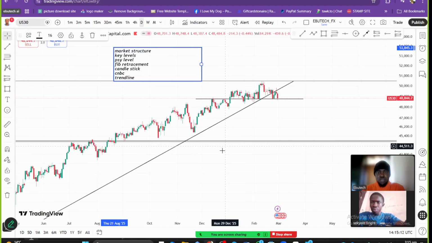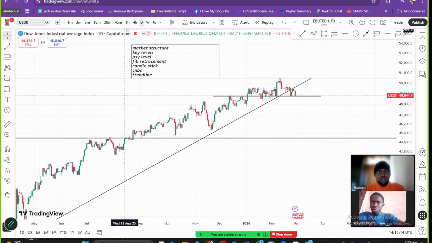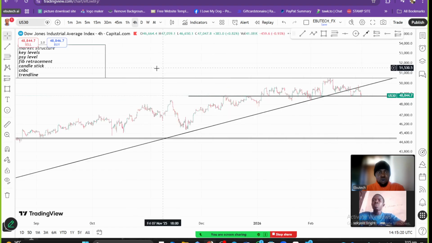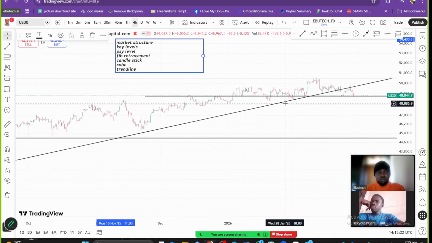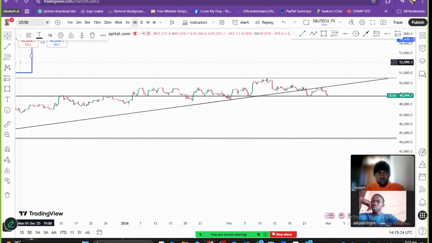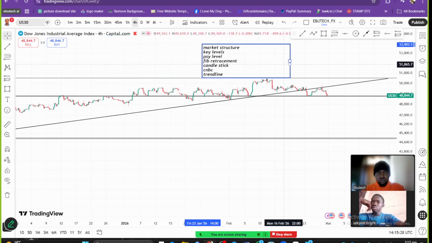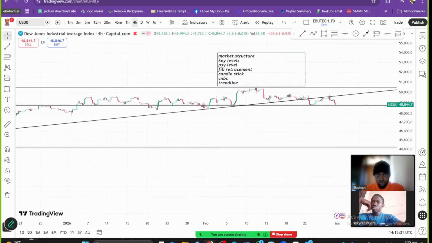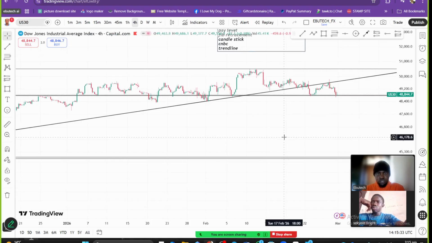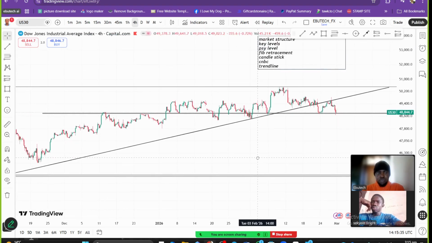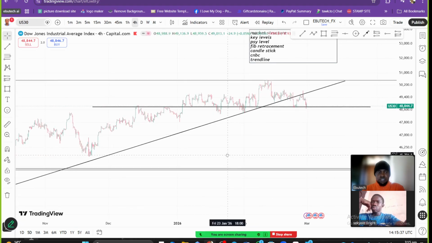Now we'll move to the 4 hours. That is where we'll get a clear view of what we'll be expecting from the market.